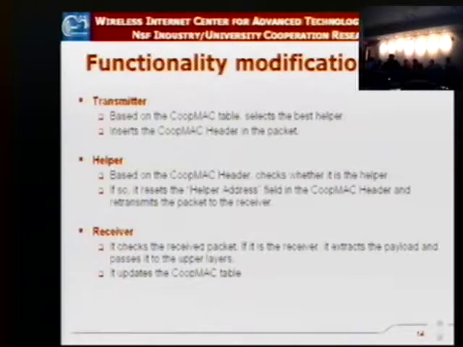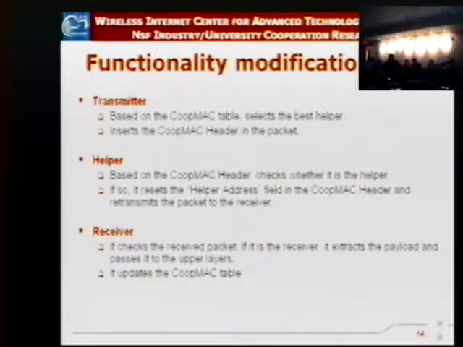On the helper side, the helper receives the packet and checks the CoopMAC header and checks whether it is a helper or not. If it is a helper, then it resets the helper address in the CoopMAC header, because now this is the second hop, so the new receiver must realize that there is no helper for this packet, and retransmits the packet to the receiver.